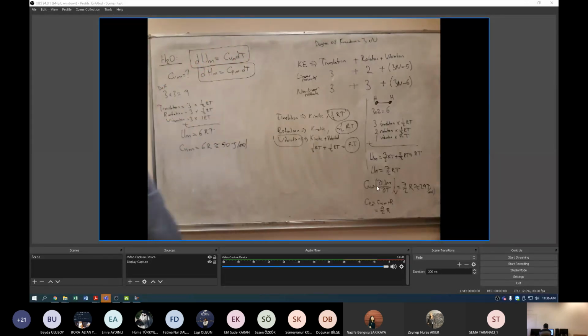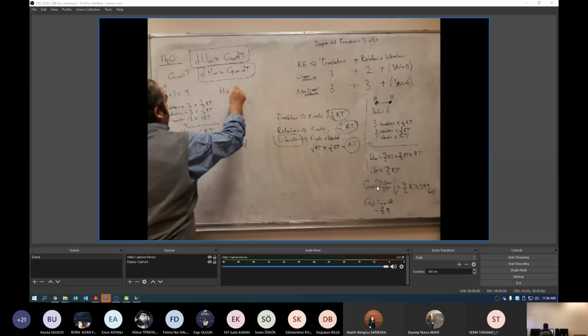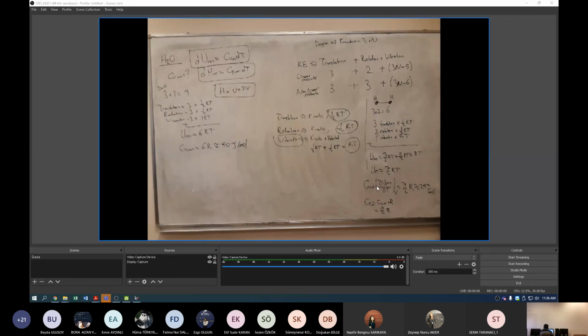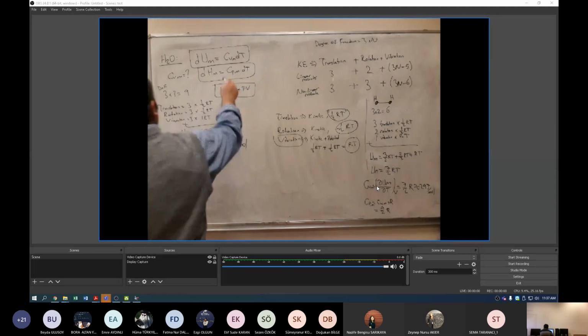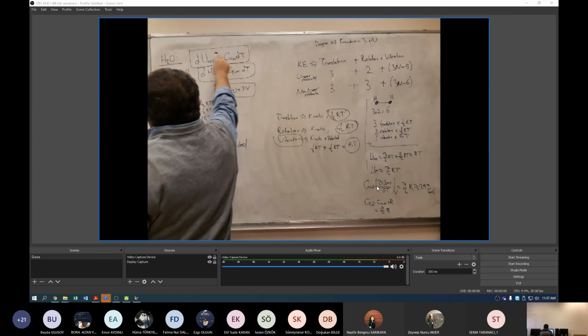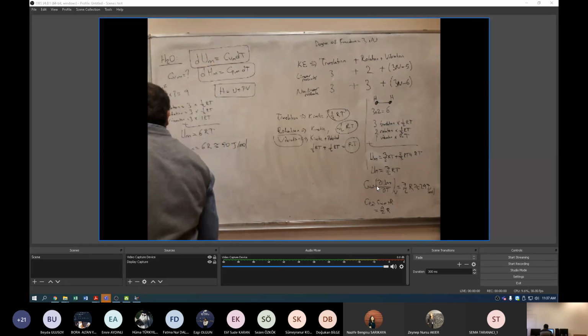Okay, and H equals U plus PV. I know these formulas. Now I can easily calculate C, and if I know the temperature change, I can easily estimate the energy change. Okay?